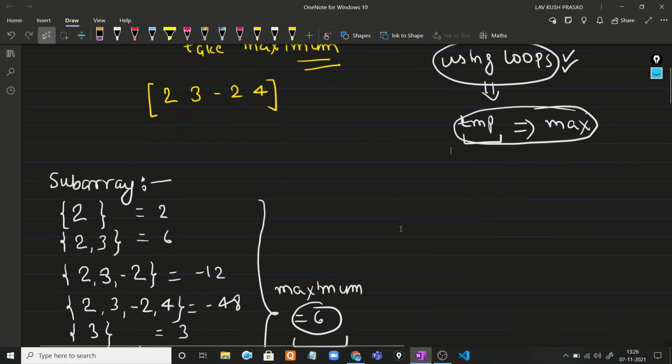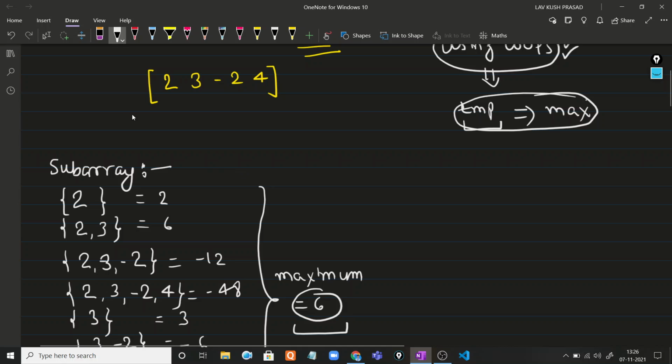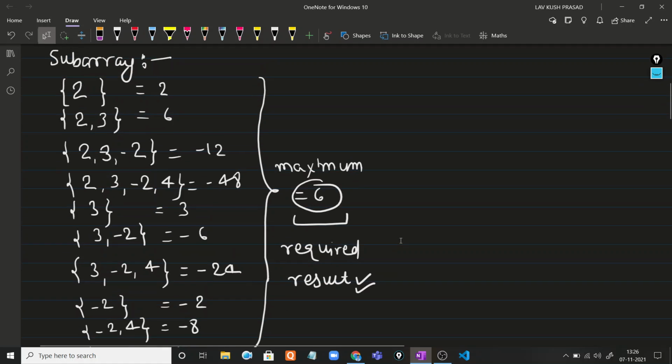So in this problem, suppose we have an array like 2, 3, -2 and 4, and here are the subarrays for this particular array, right? 2 is a subarray, 2, 3 is a subarray, 2, 3, -2, and we take the product of every subarray. So the product is 2, and 2, 3 has product 6, right?